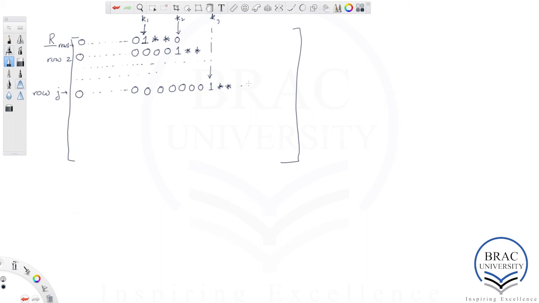Now finally the rth row, which is the last non-zero row. All these entries are 0, and finally there is the 1 in the kth column.